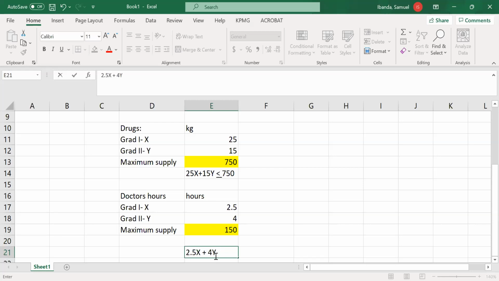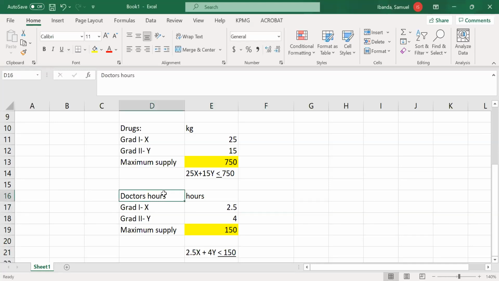When you get the answer there, it should fit within what we have as our maximum. So it should be less or equal to 150. That is how our constraint is.